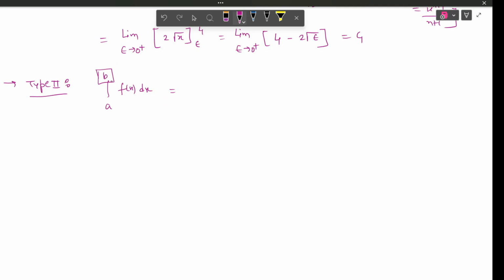If the upper limit is unbounded, then we have to subtract a small positive quantity from the upper limit. So we can write this limit: if you have a point of discontinuity in the upper limit, we can write it as limit epsilon tends to 0 plus integration a to b minus epsilon f of x dx.